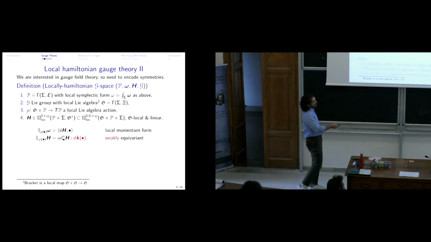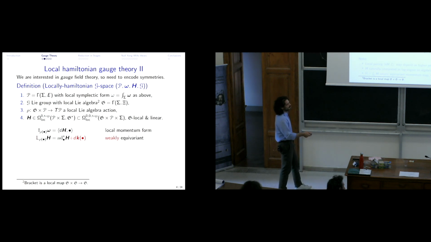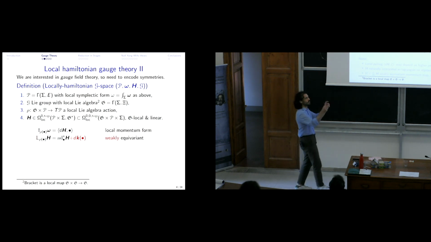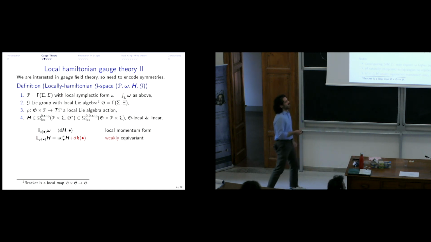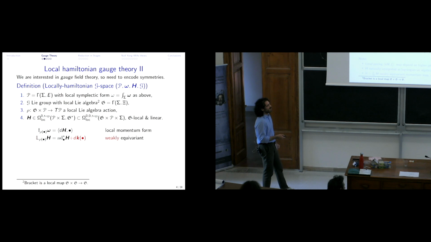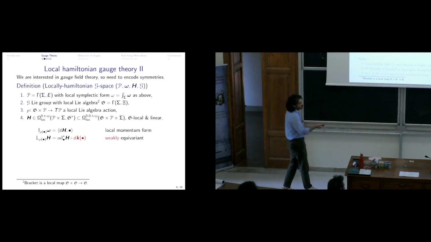Now, from the first equation, you see that this is a version of the statement that the Lie algebra action is Hamiltonian, but now it's pointwise Hamiltonian. I'm not allowed to integrate by parts, so to speak. And I have a notion of equivariance that sees the boundary, so higher codimension data. I call this weak equivariance.